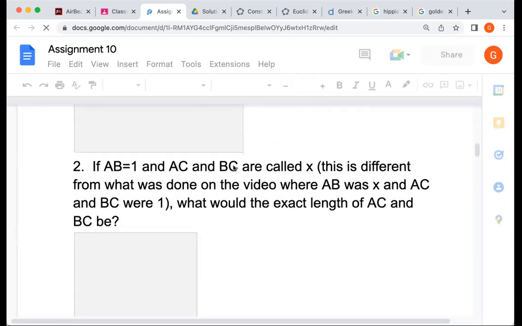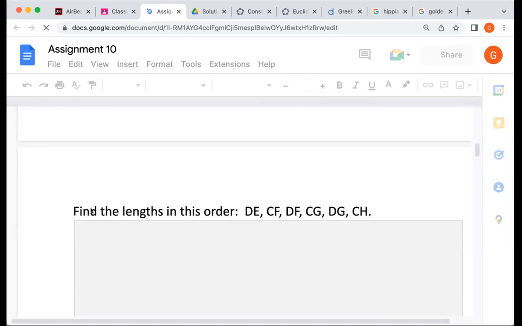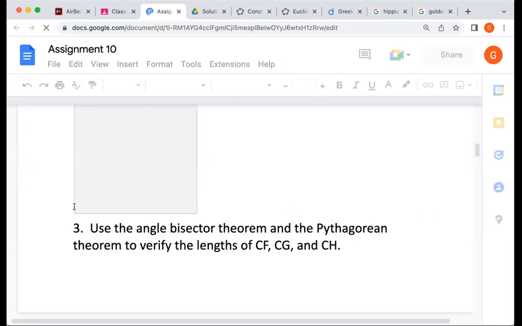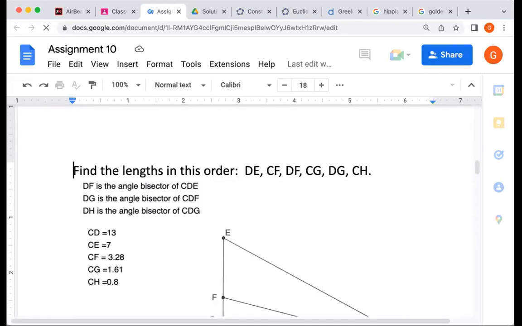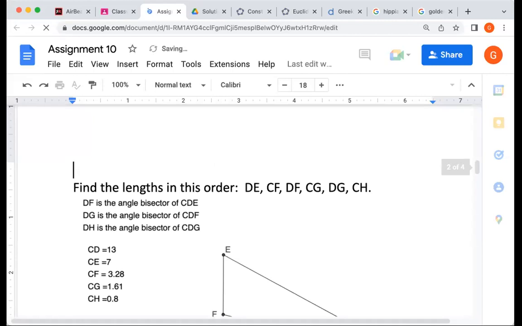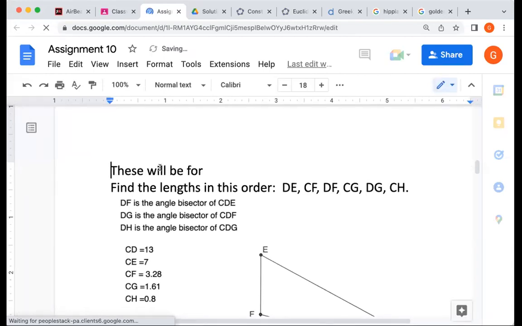It doesn't leave very much. It only leaves 3 questions, but I'll put a thing for you to do the construction also. These aren't due for 2 days, but I'm going to say these will be for Tuesday's lesson. So we're going to have to do that construction.